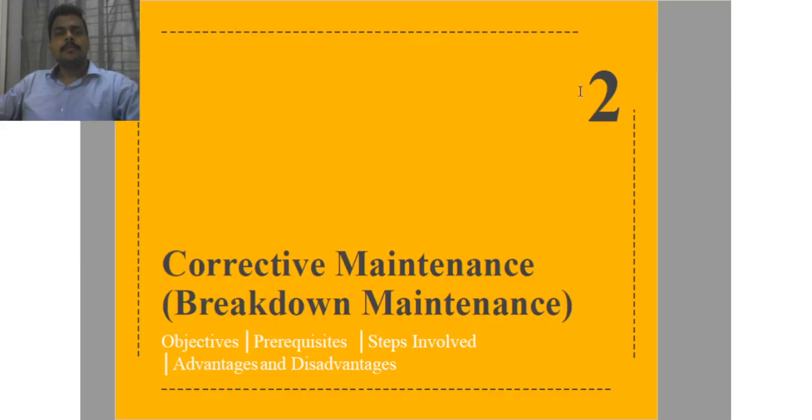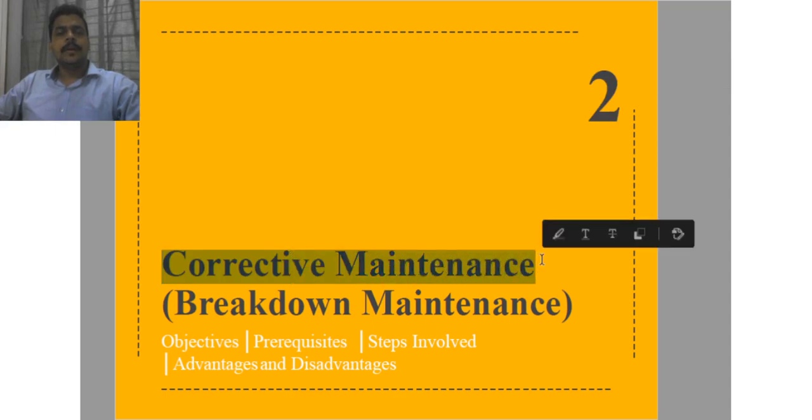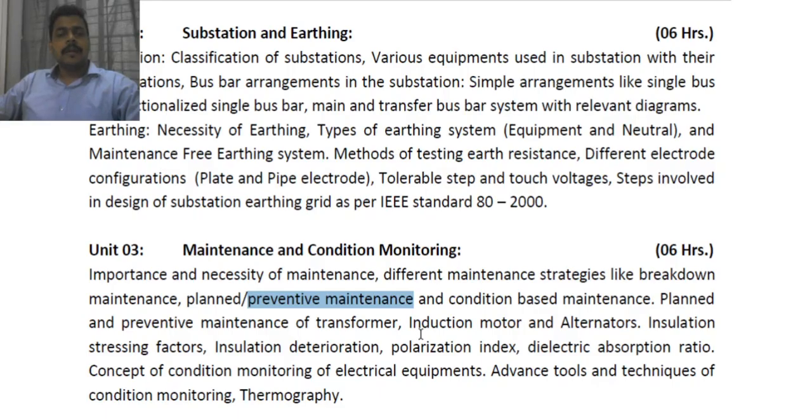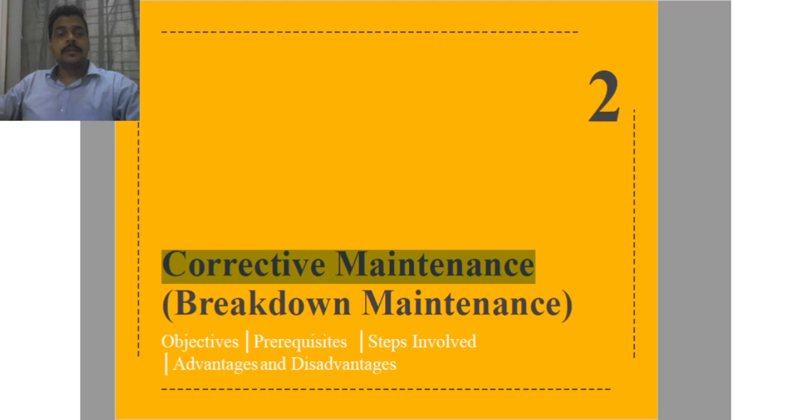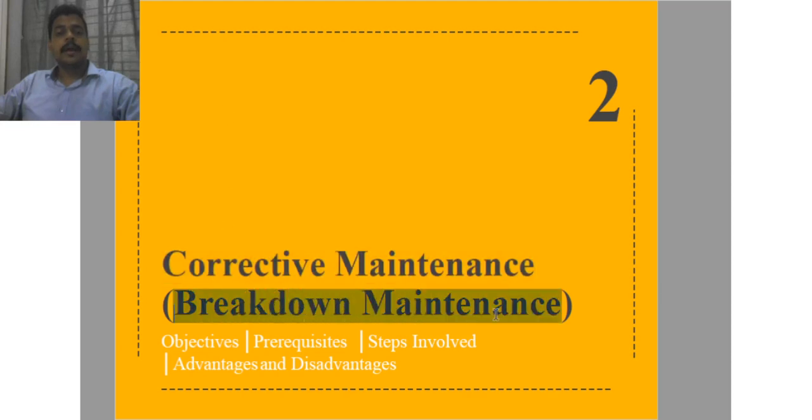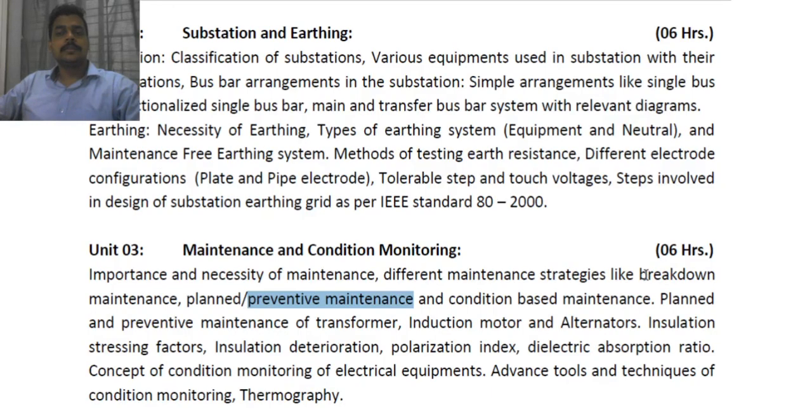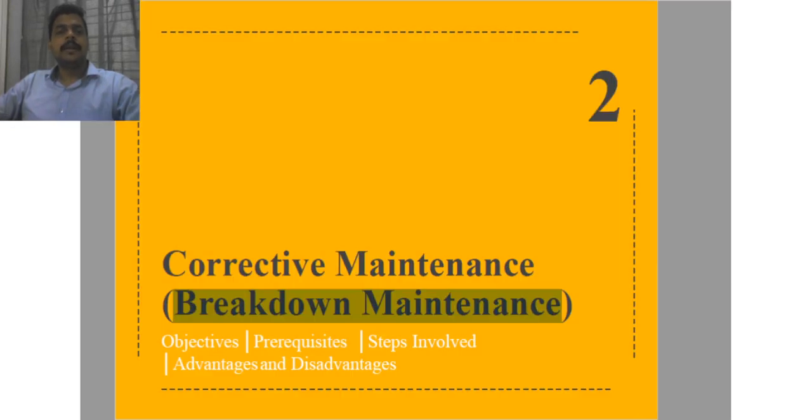Today we are interested in the second subtype, that is called corrective maintenance, or it is also called breakdown maintenance. In some books and literature, they prefer the word breakdown maintenance.